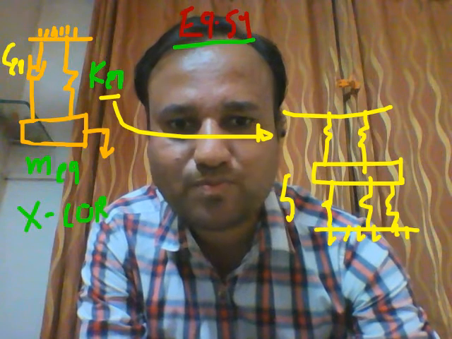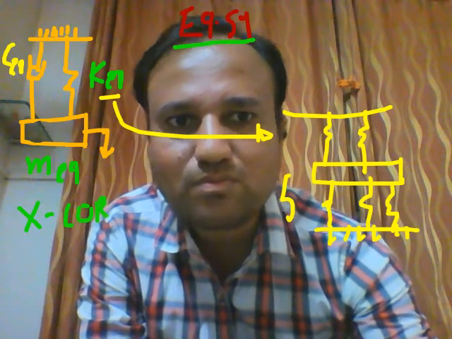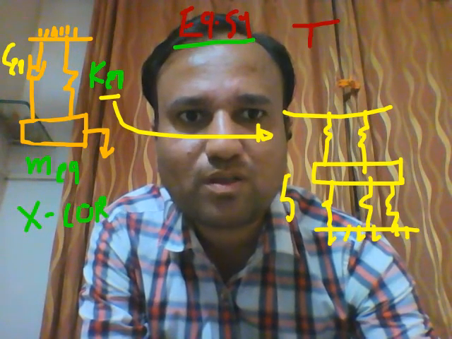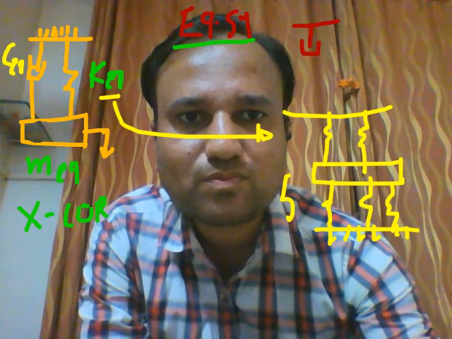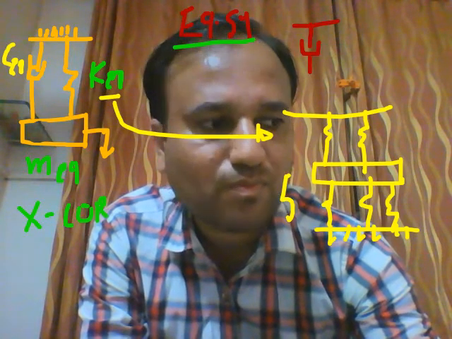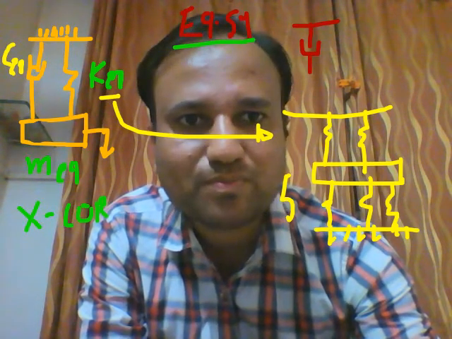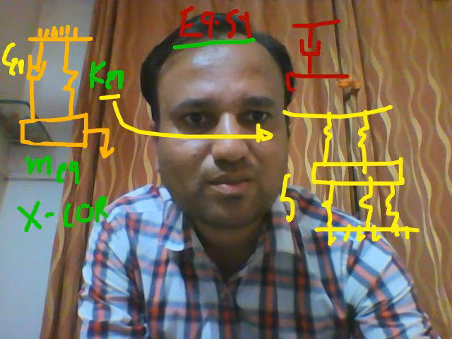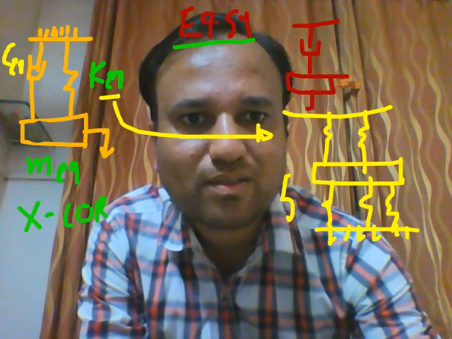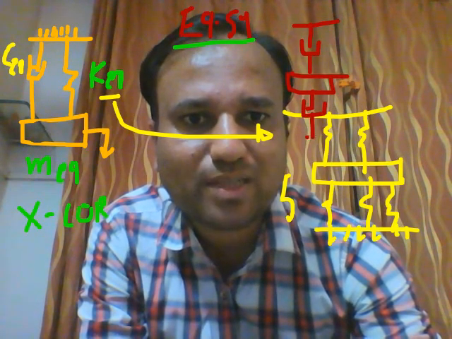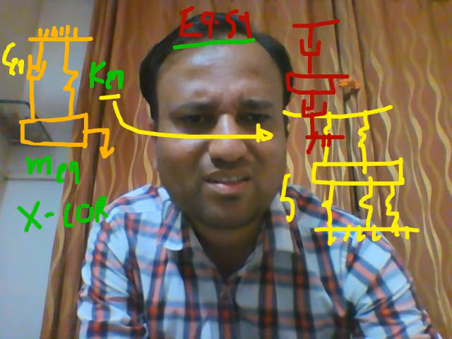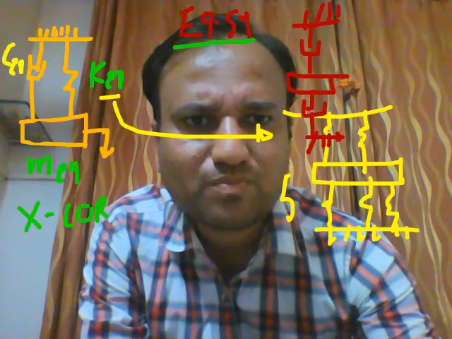So student, suppose there is more than one damper. This is the mass, and again one more damper is attached, so two dampers.